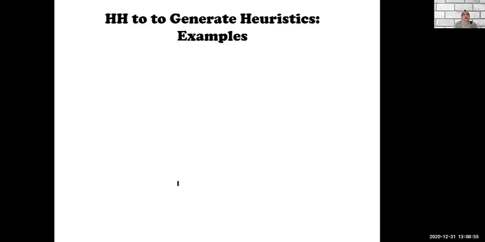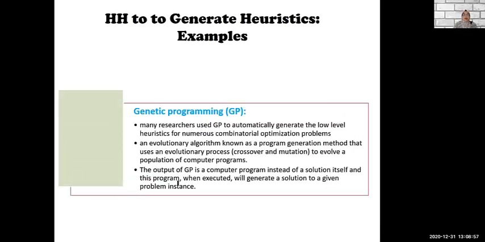So an example of hyper-heuristic to generate heuristic is genetic programming. GP, many researchers use GP to automatically generate low-level heuristics for numerous combinatorial optimization problems.